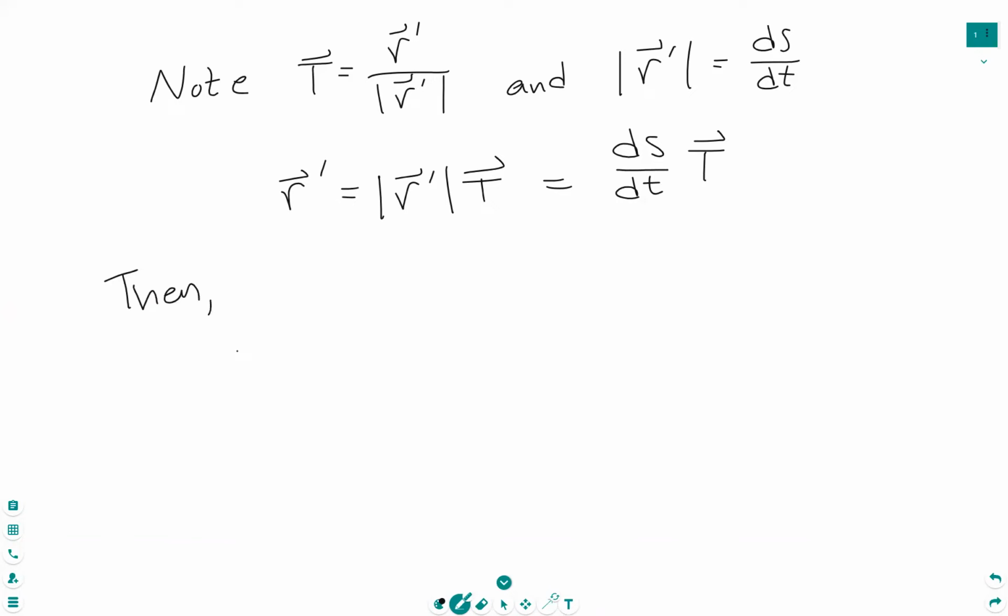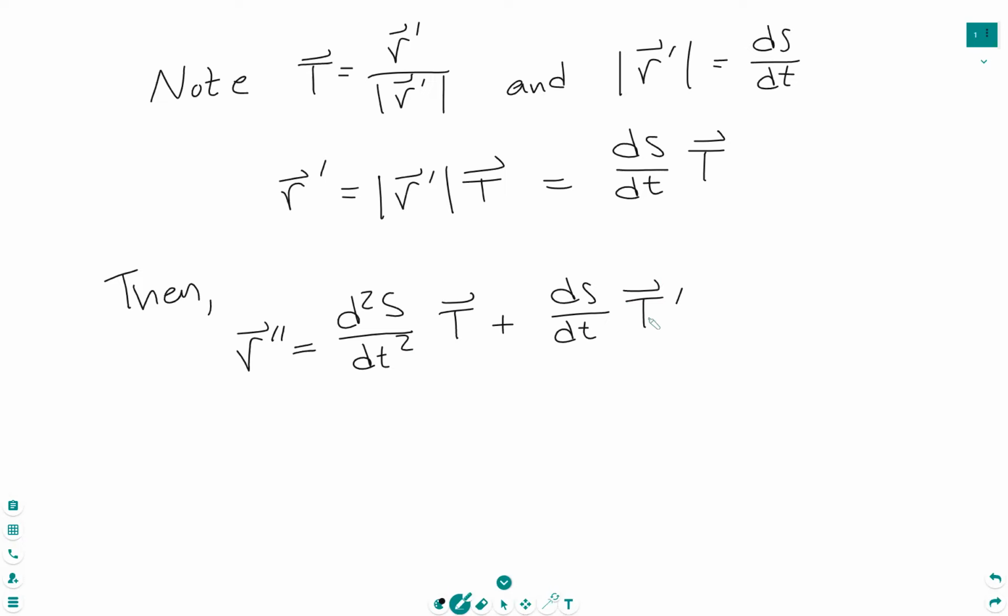So if I wanted to find r double prime, I have to look at this right-hand side here, and I have to do a product rule. So I'll end up with the second derivative of arc length with respect to time times our unit tangent, plus how the arc length changes with respect to time times T prime.